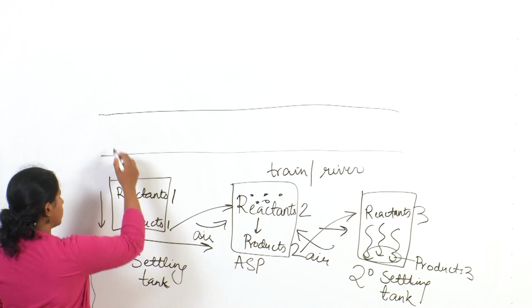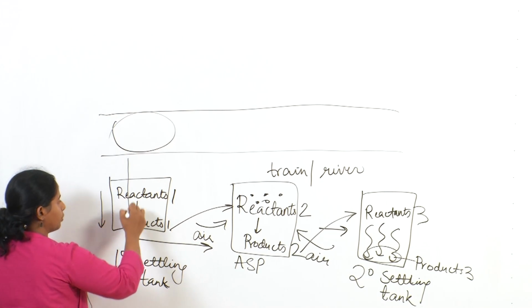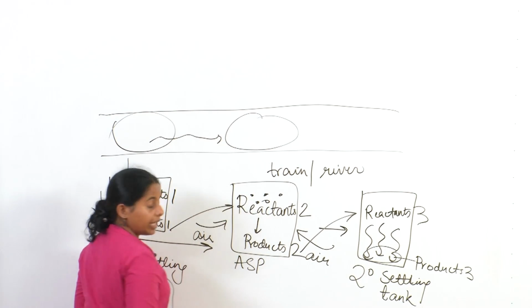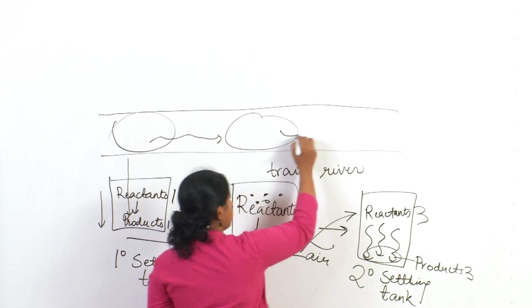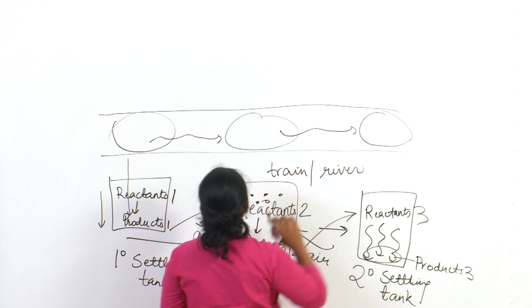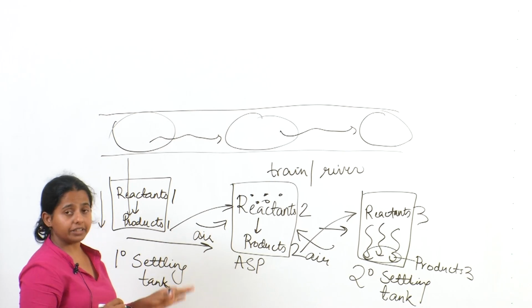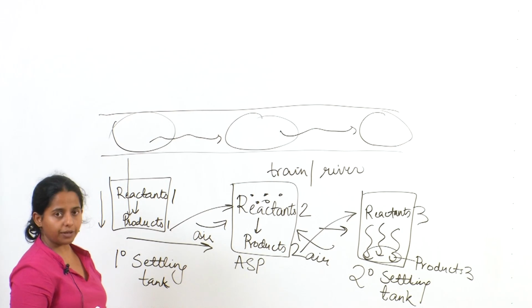So when the reactant and product reach here, they undergo primary settling. When they travel forward and reach here, they undergo the activated sludge process. When they reach here, they undergo settling. So by the time they are done with this train of the wastewater treatment plant, you will have good quality treated effluent. So this is your PFR based system.